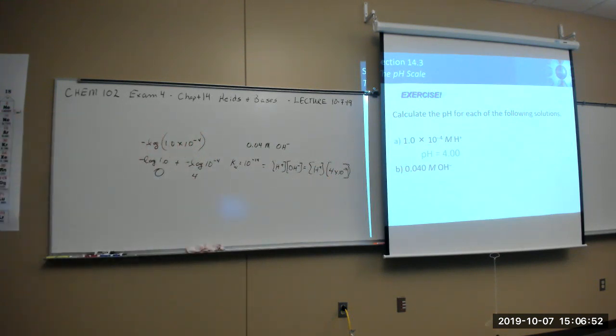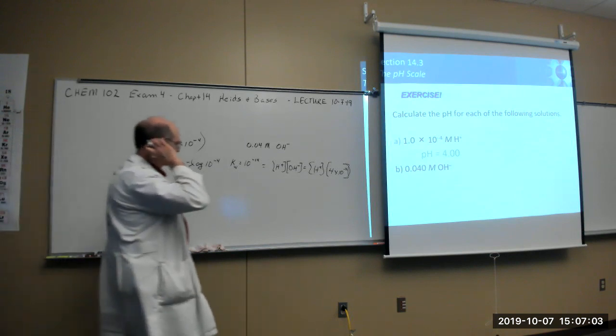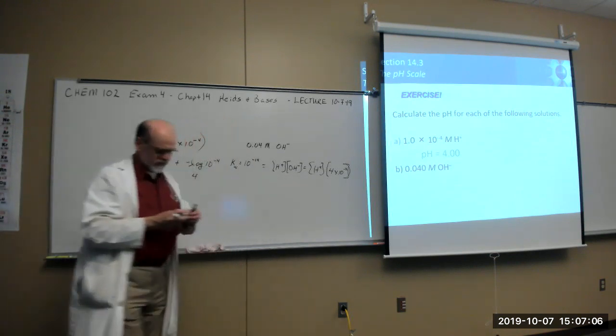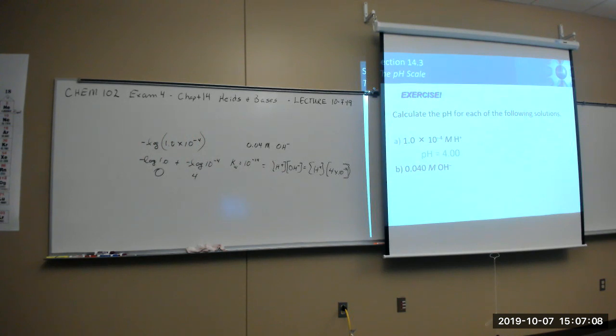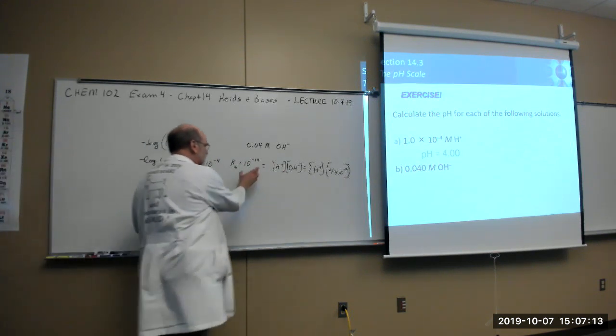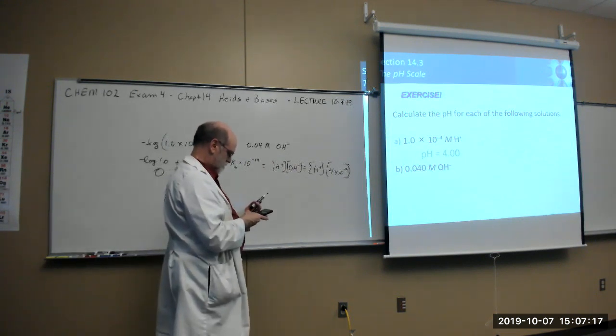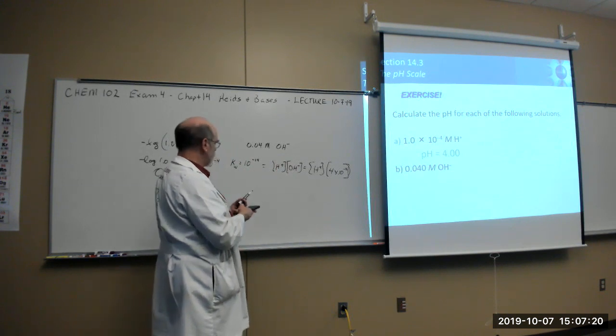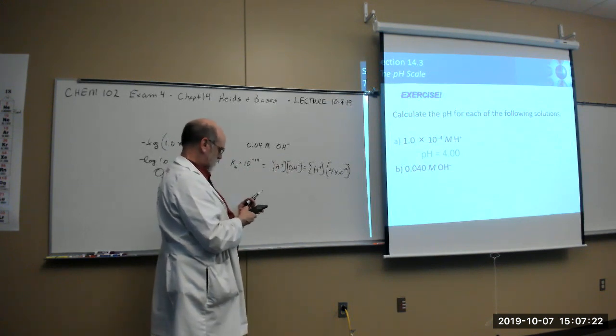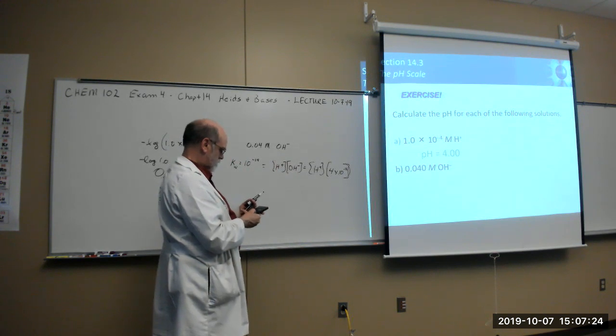Quicker way. Well, if we did that, let's just do it that way. We ought to do it the hard way at least once. So we're going to take 10 to the minus 14 divided by 4 times 10 to the minus 2.